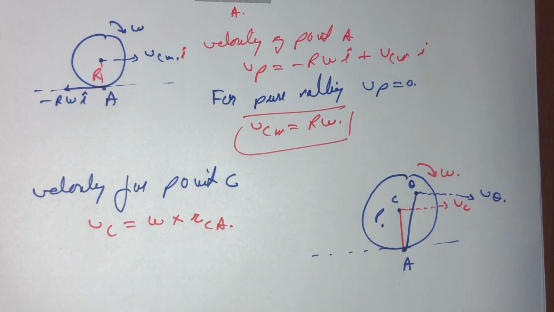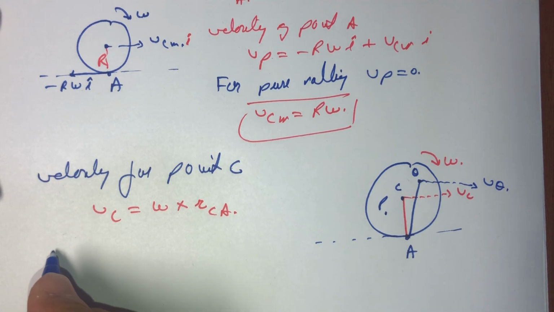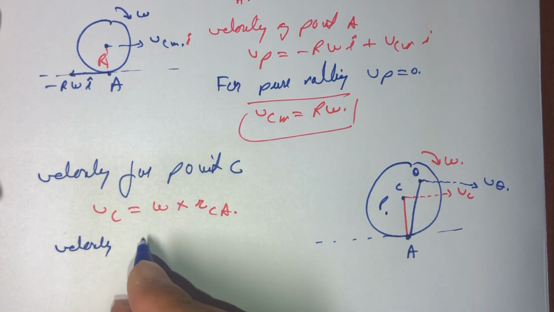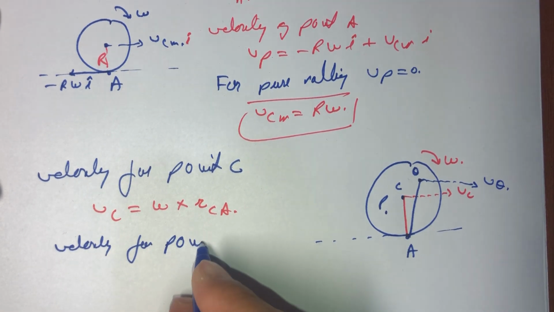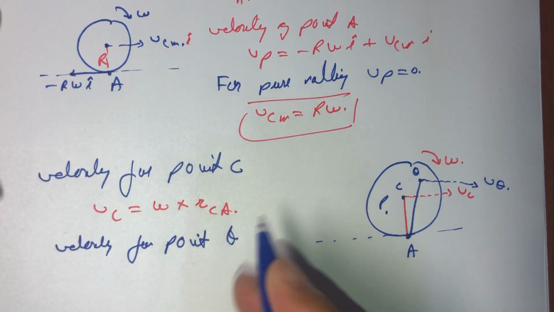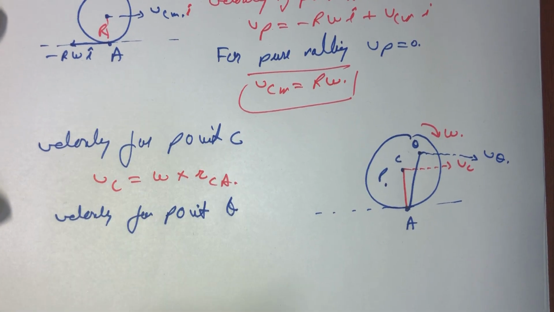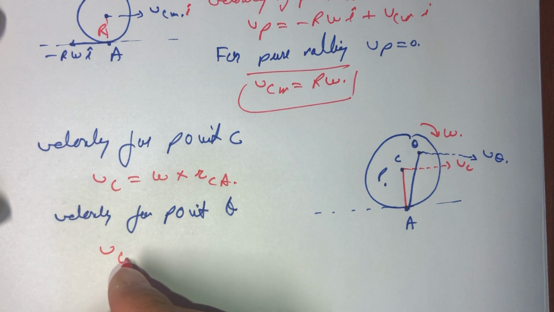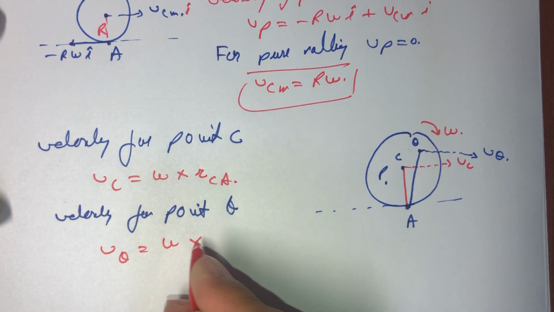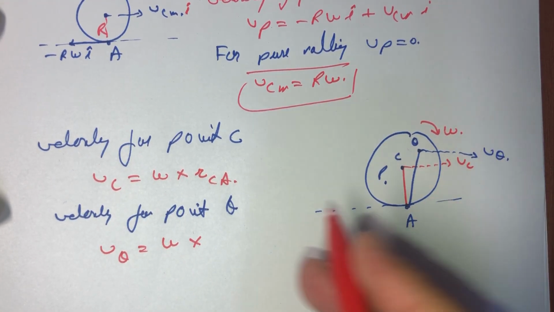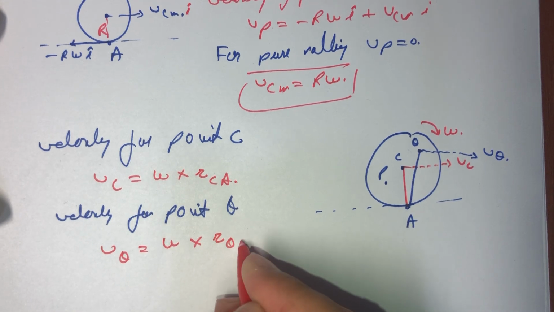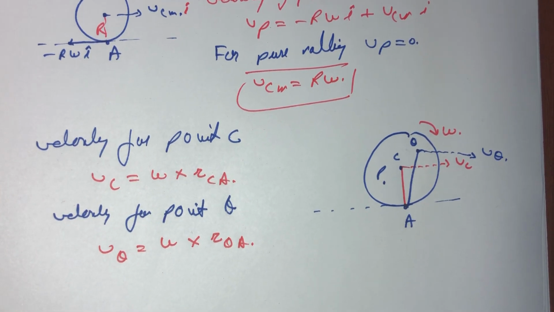Therefore the velocity for point Q, given as VQ, will be equal to omega multiplied by the distance QA, let us say RQA.